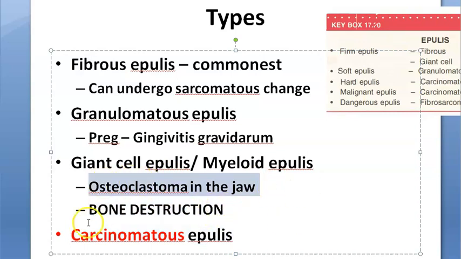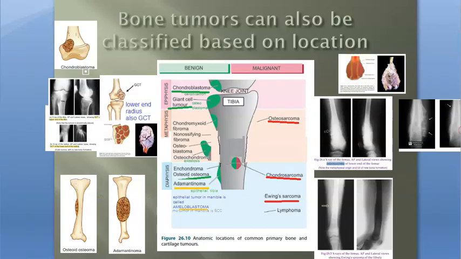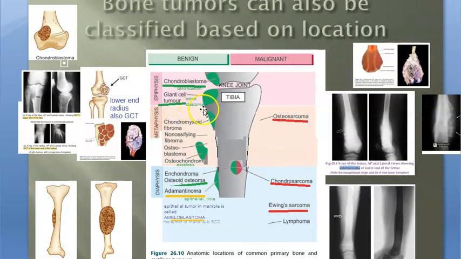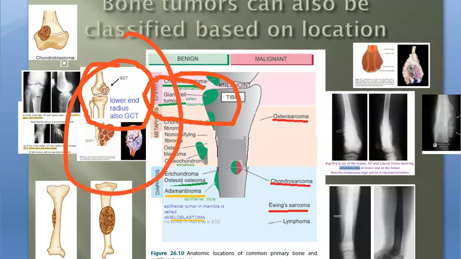Do you know what osteoclastoma itself is? In all the types of bone tumors, where is osteoclastoma? That's nothing but giant cell tumor, right? Here you can see it is affecting the epiphysis. Here they are talking about the giant cell tumor, osteoclastoma. What features will you have?